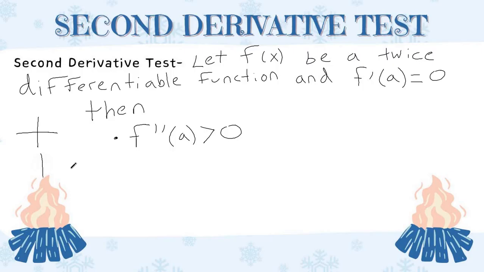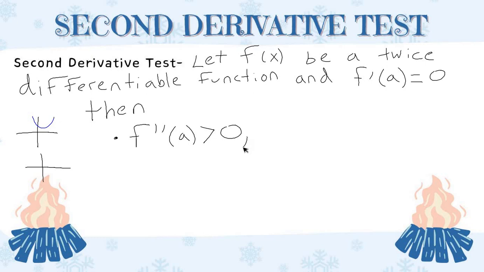So if we are concave up, and we know that our derivative at a is 0, right? That means that it has to have a horizontal tangent, okay? What type of min or max do I have there? For that specific example, I could have any, but is that a minimum or is that a max? It's a minimum.